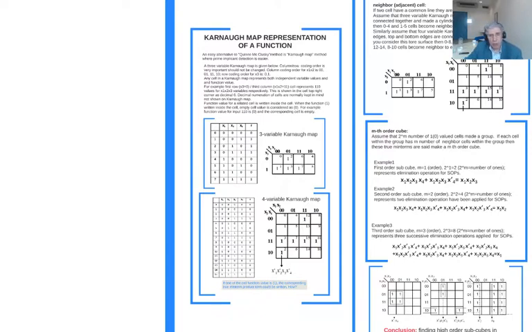Now the neighbor cells, as I said, if there is one line common between two cells, we call them neighbor cells. The property of the neighbor cells is this: in the independent variables, only one of the variable values is changing, while the other variables' values are the same for the neighbor cells. This property is always true for neighbor cells.